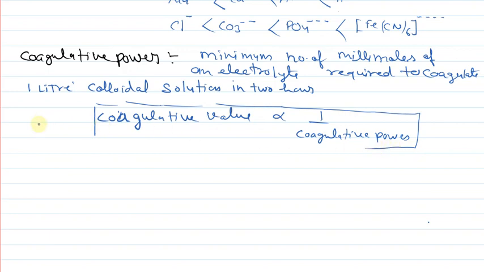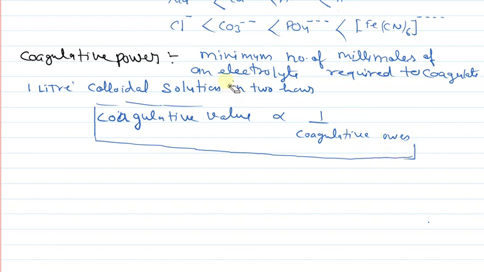The electrolyte whose coagulative power is more, its coagulative value will be less.